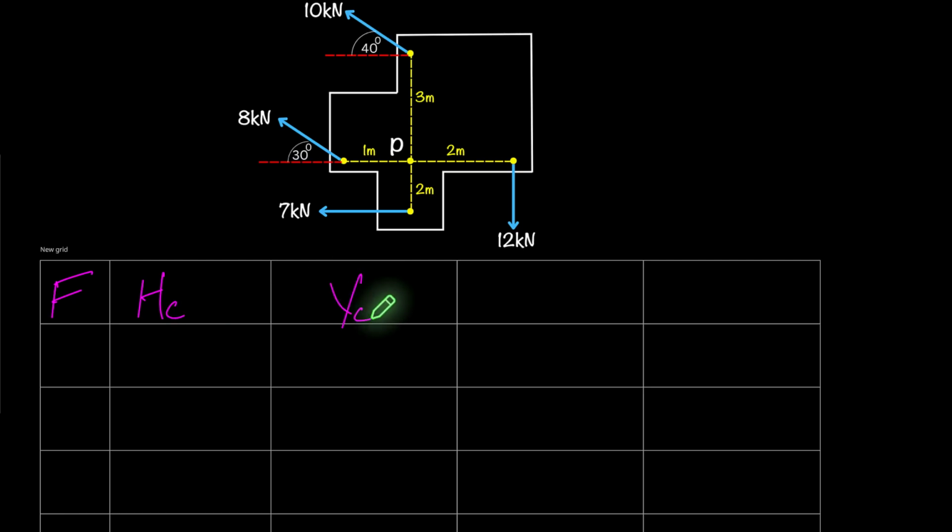VC will be for our vertical components, and we'll have M, and I'm just gonna put HC here, and that's for the moment of our horizontal components about the point P. You will see what that is in a second, and I'll then put another M and VC right there, moments of our vertical components about point P there.